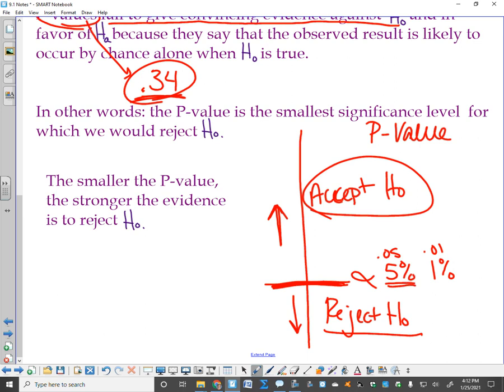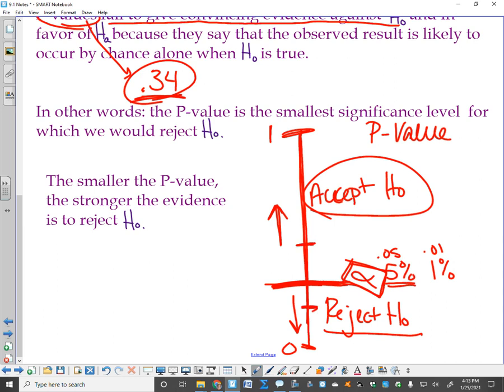Okay, so your alpha is the judge. Here's your p-value. It goes all the way up to 1, all the way down to 0, because remember, your p-value is a percentage. Your alpha comes in here and cuts it at either 5% or 1%. I've seen a couple 10%, but they'll set it beforehand. And then you decide, is your p-value up here or down here?